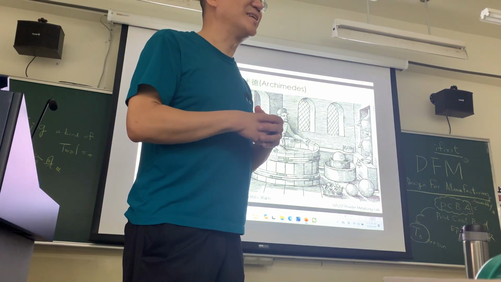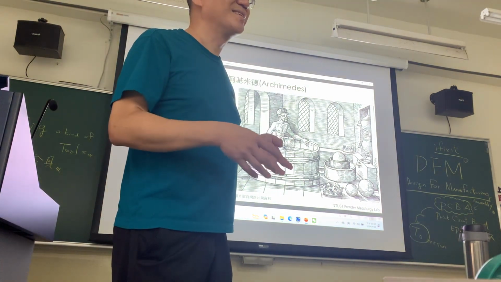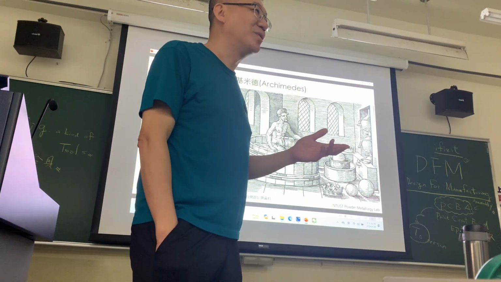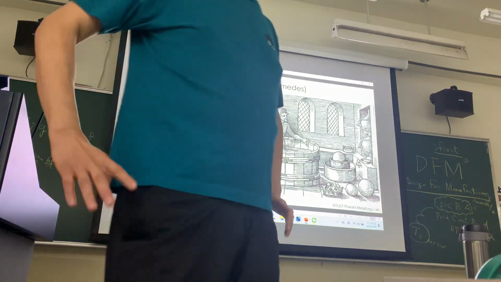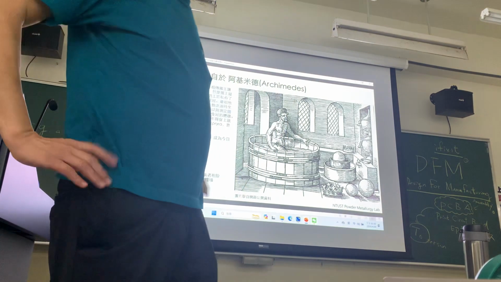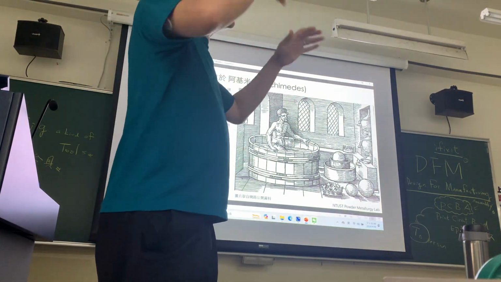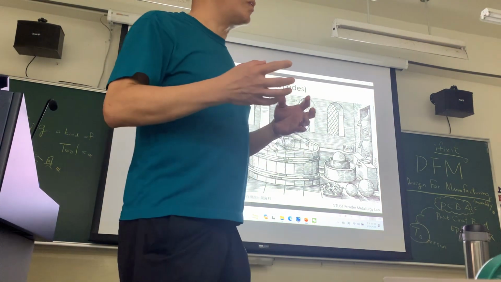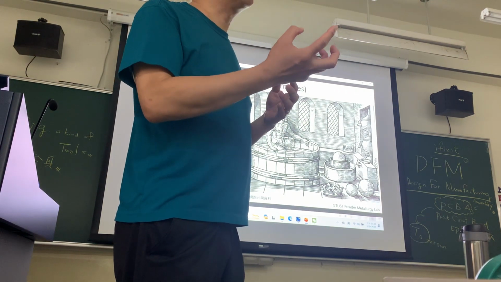Archimedes was a consultant for the king, and the king said, hey, come on, tell me what way can explain this. He thought about it for about 1 week, no solution. Then one day he went to the bathroom and took a bath, and when he went into the water, the water went outside. And he said, oh, I think I can use the water to find the mass and volume.